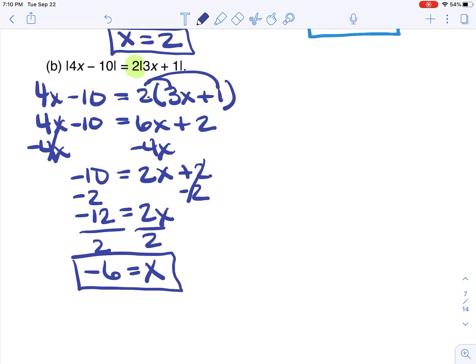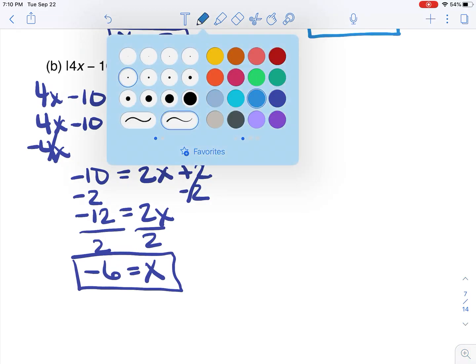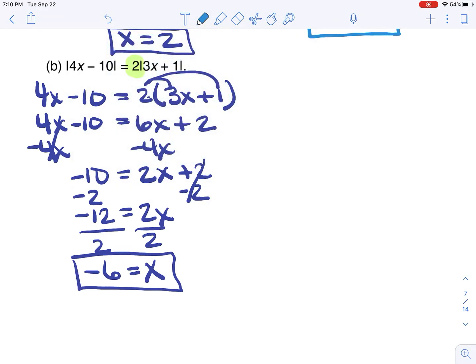Okay, now let's look at the next one. This is where it's going to get a little complicated. Okay, so I'm going to write the left side as is. 4x minus 10 equals. But let's take a look at the right side. This 2 is not inside the absolute value mark.